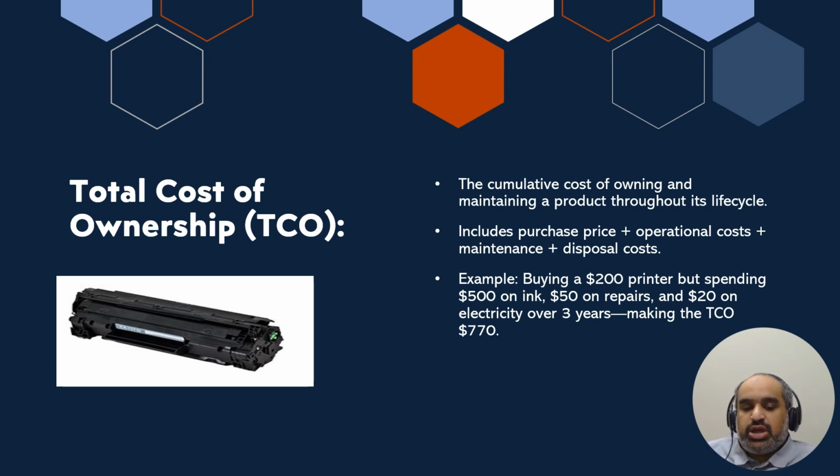When you buy a $200 printer, but you spend $500 on ink, $50 on repairs, and $20 on electricity over 3 years, the TCO, or total cost of ownership, is $770 for printer A. Maybe if you bought printer B, it would have cost you $350. However, your other costs, let's say maintenance cost, cartridge cost, and electricity cost, may have been lower.